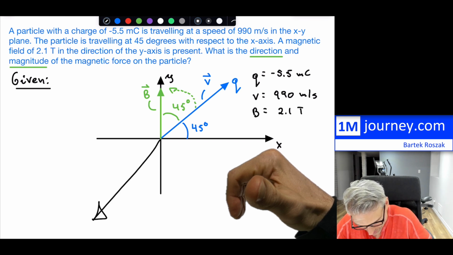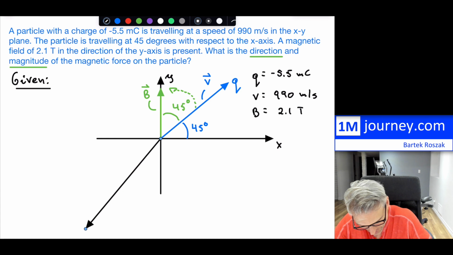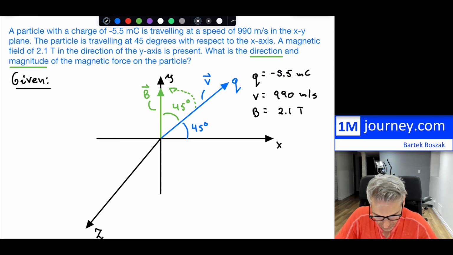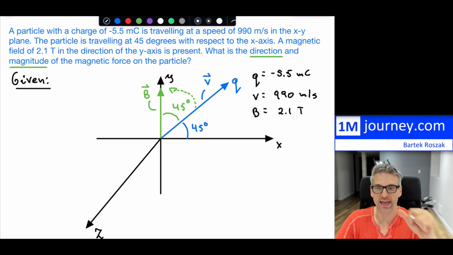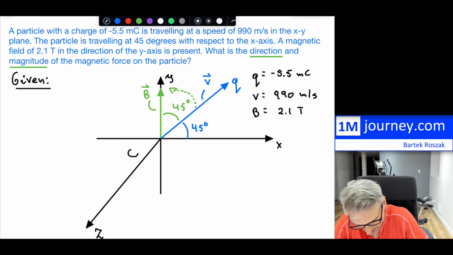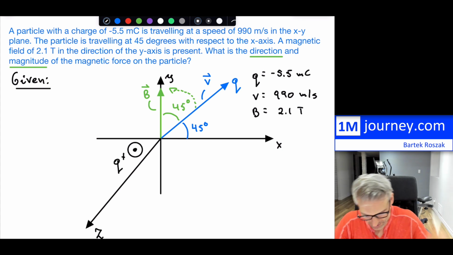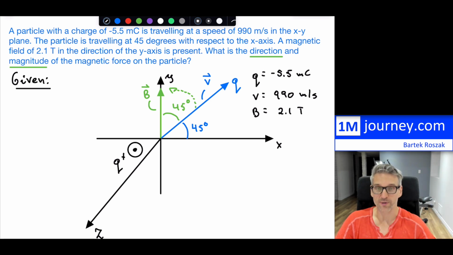I'll try to draw it out here. So this is going to be the 3 dimensions. This is my z-axis over here. So that's going to be out of the page, but that would have been for a positive charge. Because this is a negative charge, notice, that means it's going to be into the page.